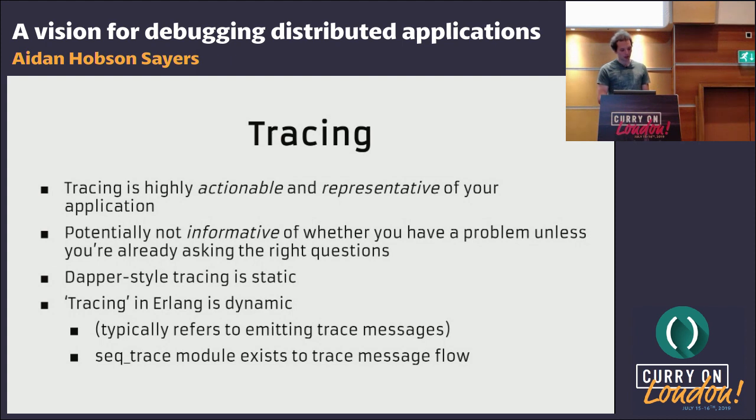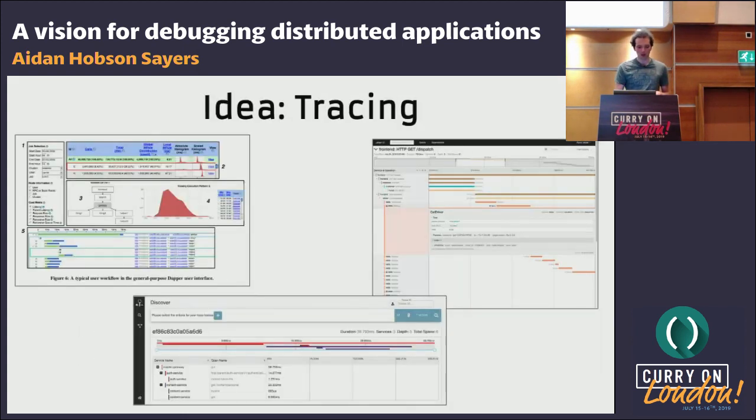So in the original Dapper paper in 2010, I think it was, there's this notion of spans where, within a particular region of code, you follow what a request is doing, and this may follow a request across to another machine to see how that affects the processing, and so you can get a full trace, per the name, of what's actually been happening in the history.